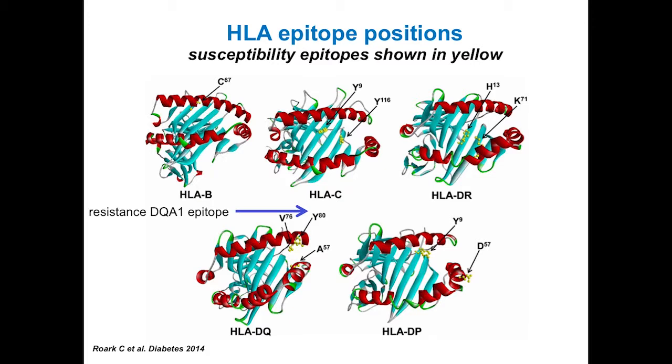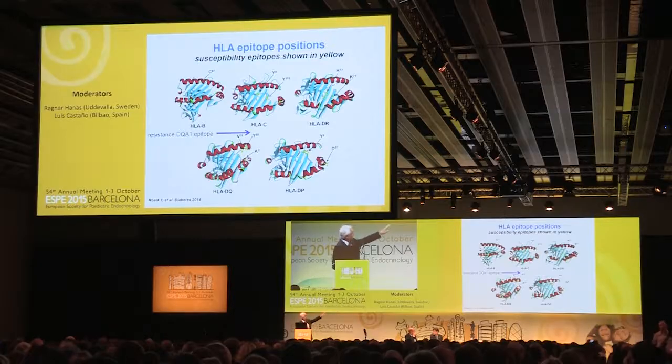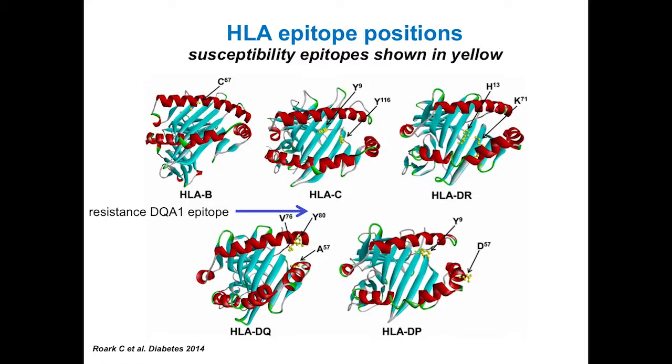But it's now possible to dissect which amino acids in the functional piece of the molecule called the groove, which presents the antigens, are critical to susceptibility or resistance to type 1 diabetes. You may see some yellow dots in different places of those molecules. Those dots present the critical amino acids that confer susceptibility.